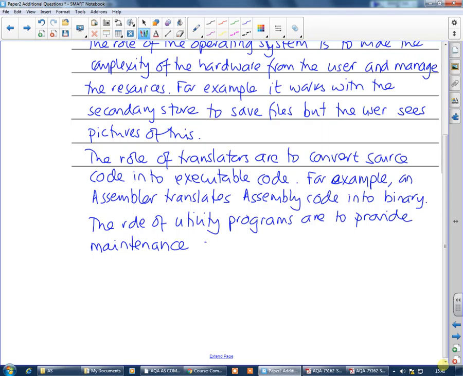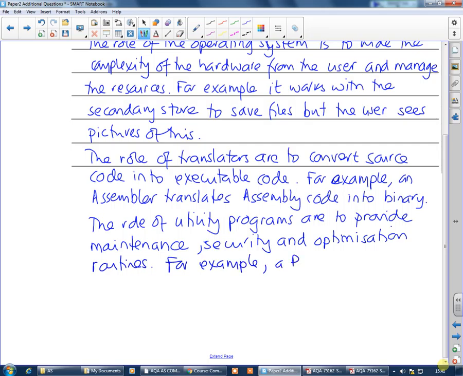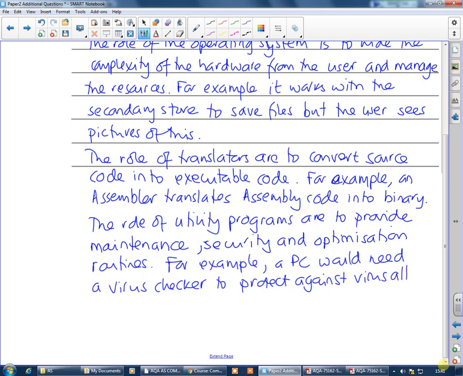Maintenance, security and optimization routines. Okay, give an example. For example, a PC would need a virus checker to protect against viruses or virus attacks.